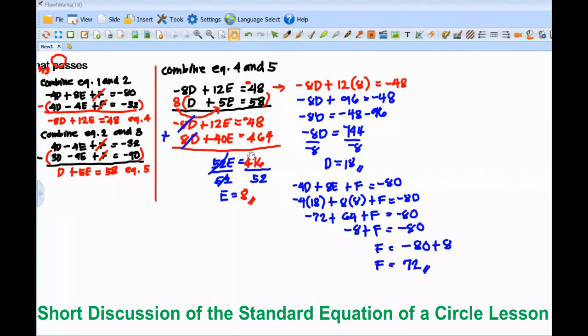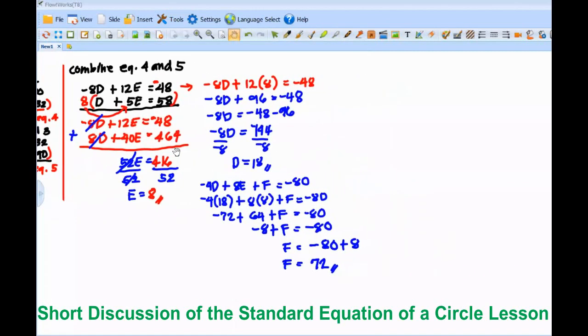Now let's write it in the general equation. What did we get for our E? So let us rewrite the equation now. We have the equation x squared plus y squared plus Dx plus Ey plus F equals 0.